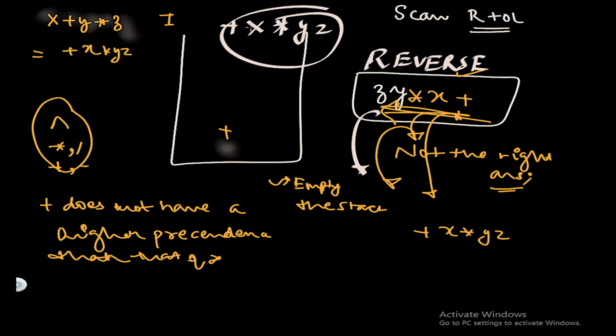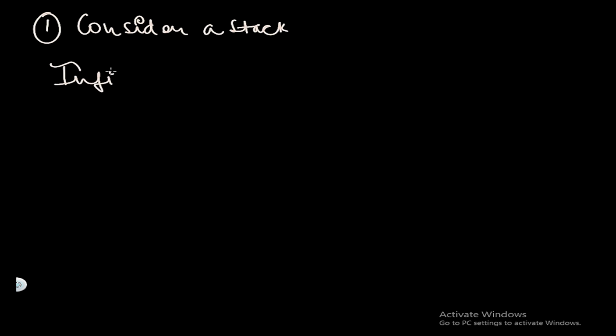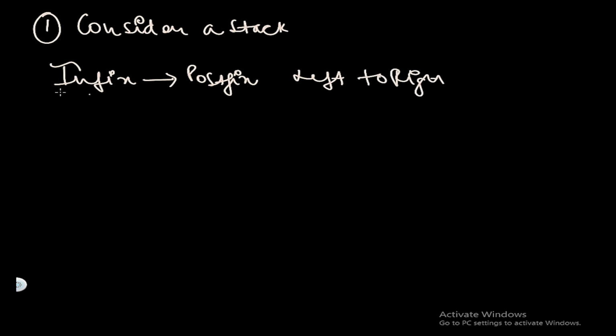So basically we have considered both the algorithms. In both the algorithms, the first step is to consider a stack. While transforming infix to postfix, we have to scan the expression from left to right. And when we are transforming infix to prefix, we have to consider the expression from right to left.